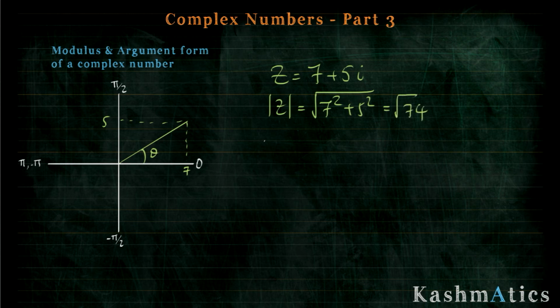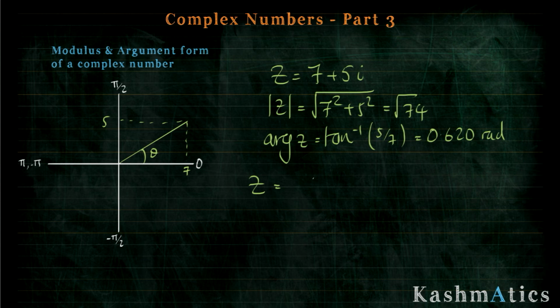And the argument of z would equal the inverse tan of 5/7, which is 0.620 radians. So z can be expressed as, remember it's modulus, so it's in this form. Okay, in that form there.